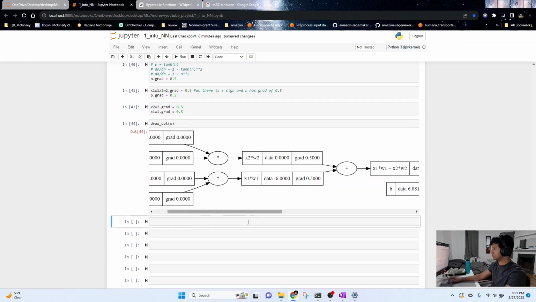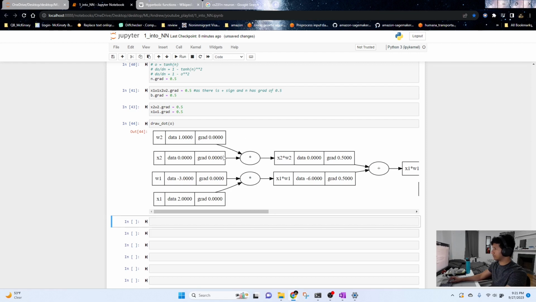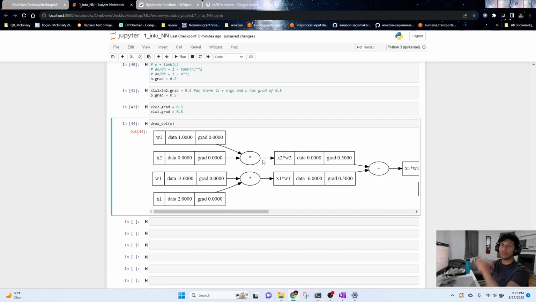Now there's a multiplication here, and if you recall our previous videos, the way we differentiate when there's a multiplication is a little tricky. Basically for W2, we're going to take the data of X2 and multiply it with the gradient of X2 W2.